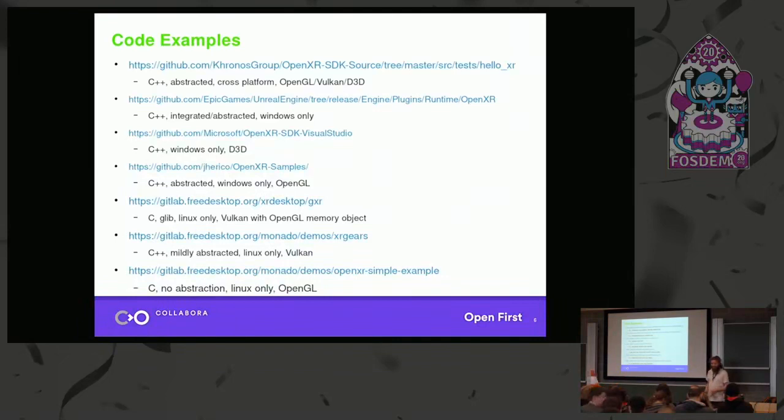XR Gears is a standalone OpenXR application that is basically like GLX Gears but in VR. And my example that I will be presenting is the OpenXR simple example that is really plain C. There's absolutely no abstraction. You can read it from top to bottom and see what's going on directly. It's currently Linux only and only OpenGL, but pull requests are welcome if you want to implement Windows support for this.